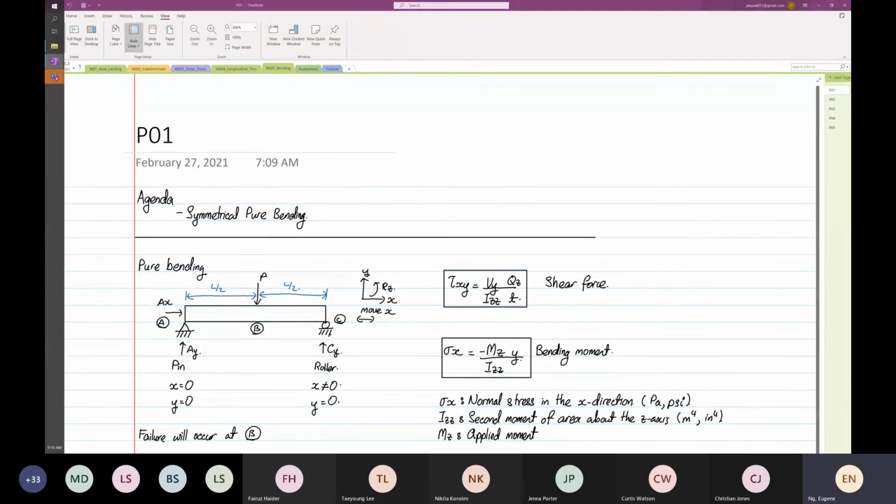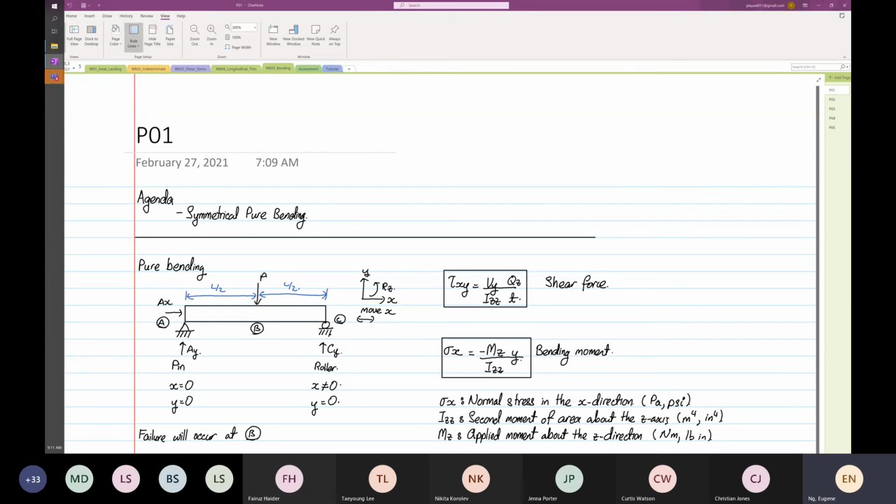Applied moment about the Z direction. Okay, and then the units is in Newton meter or pound inch.